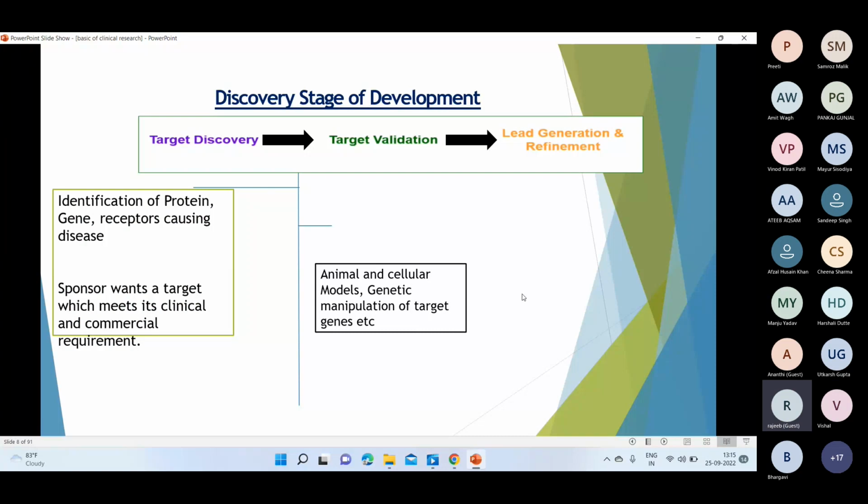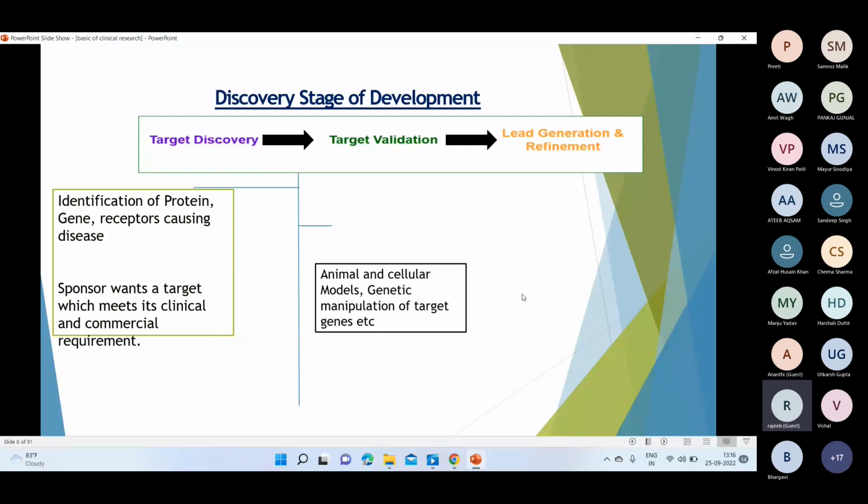Say 50 years back, we were not sure why people suffer from hypertension or high blood pressure. So in target discovery, we try to identify the cause of that disease. Only then can we create molecules and develop the drug in a later stage of development.